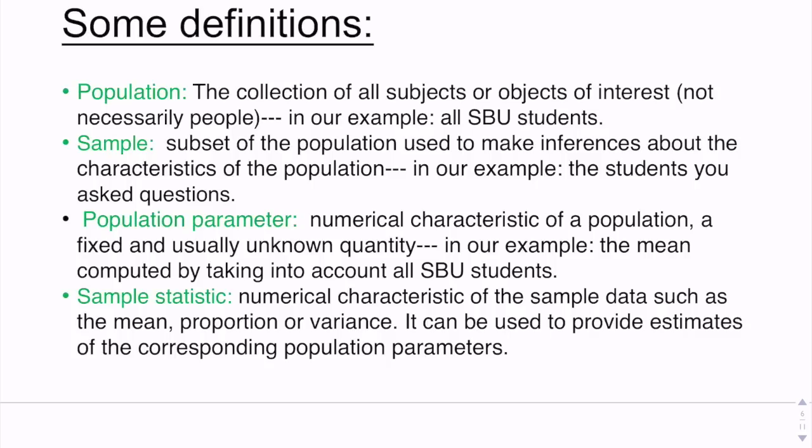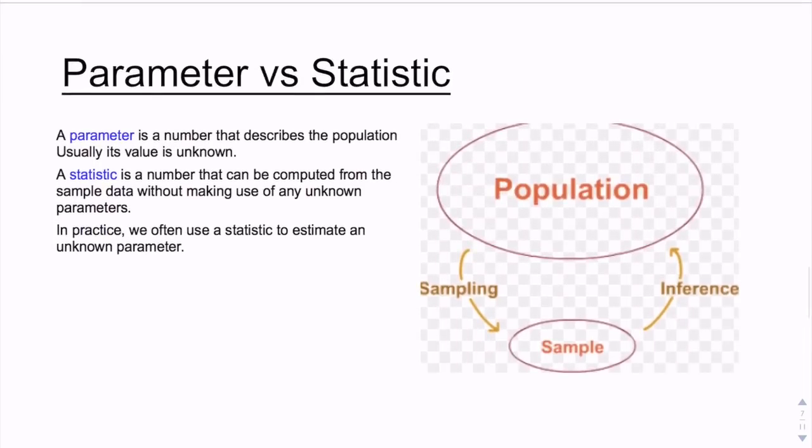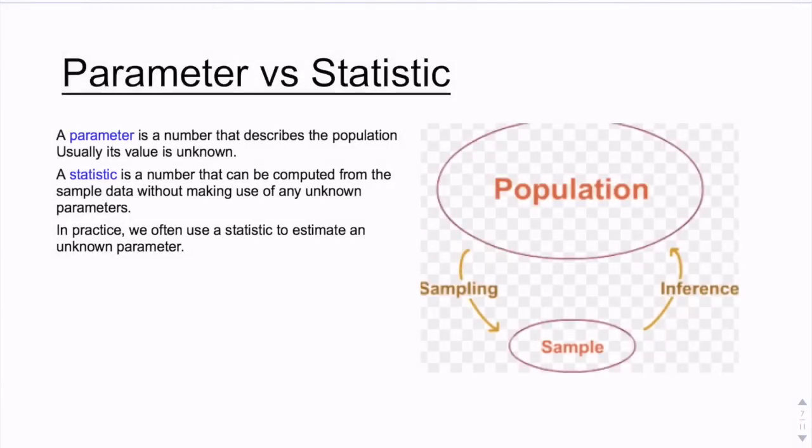So this is basically how we do it. Ideally, we are interested in finding the parameters of a population. But because we don't have them, we compute. So we have the sample, this is the population.